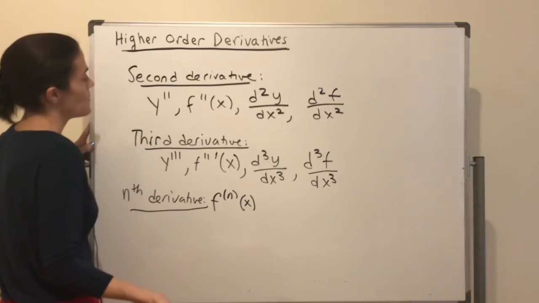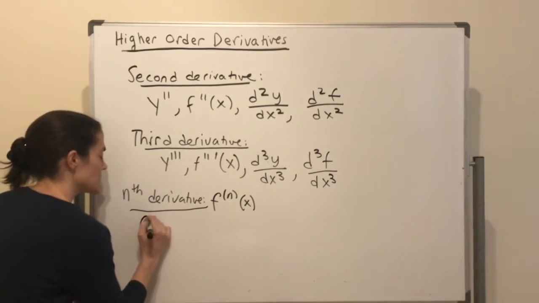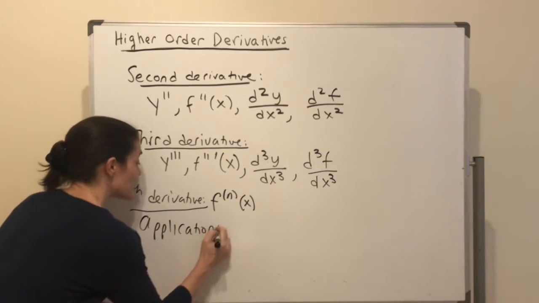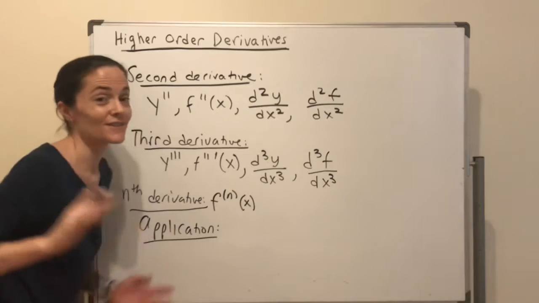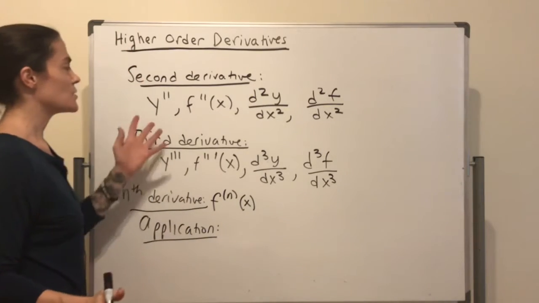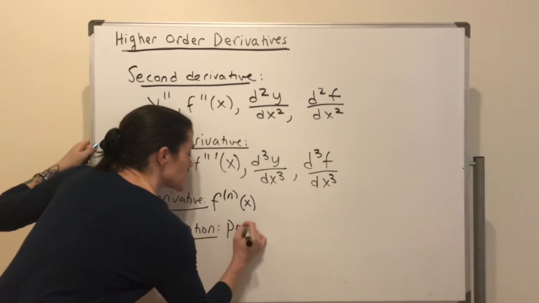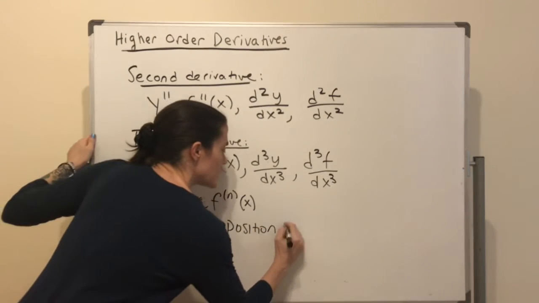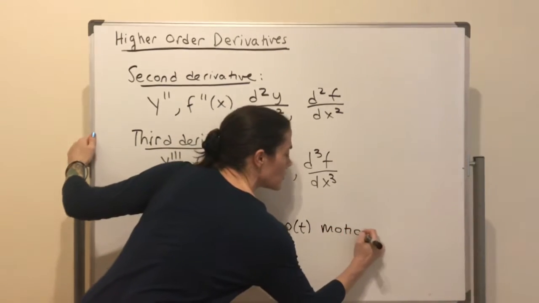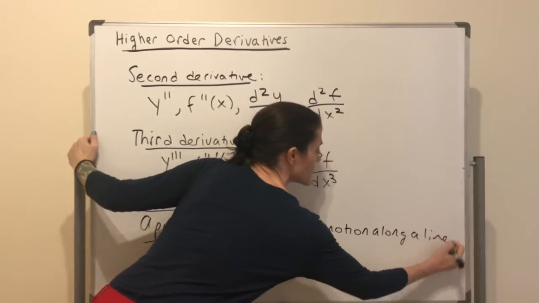Okay, now let's mention an important application where we have seen, even earlier in the semester, the notion of a higher order derivative, and that is when you have a position function, p of t, and this is motion along a line.